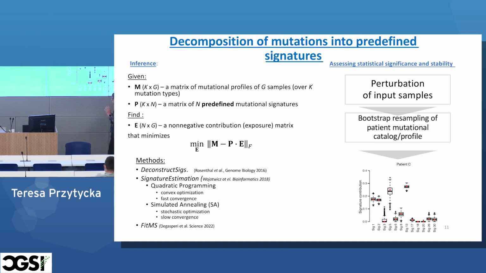We call this the refitting problem. This is a problem where we do not try to find new signatures, but simply try to find which mutational signatures are present and with what strength. As trivial as this may seem, it's actually not so simple.